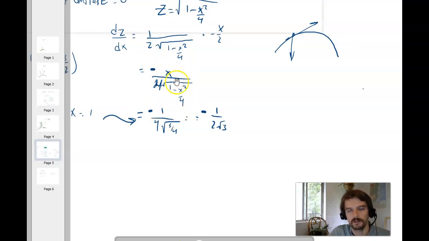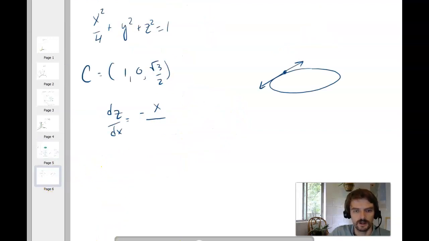Now that was a bit more complicated than we cared for because we just wanted to know the slope when x is equal to 1. And so that whole thing simplified down to negative 1 over 2 root 3, at the point x equals 1.